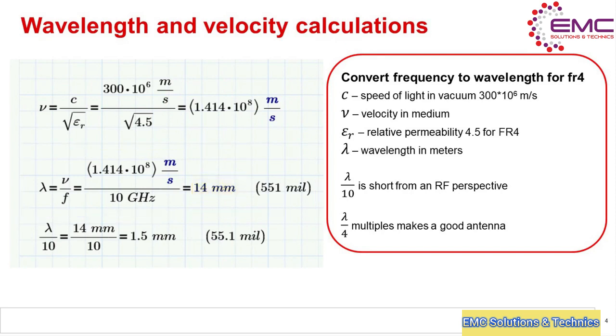The wavelength is important in PC board design as it's an indication of how good a trace or cable acts as an antenna. Traces that are multiples of a quarter wavelength make good antennas. Traces that are shorter than 1/10 of a wavelength are considered to be short from an RF perspective. We will refer back to these equations throughout this presentation.